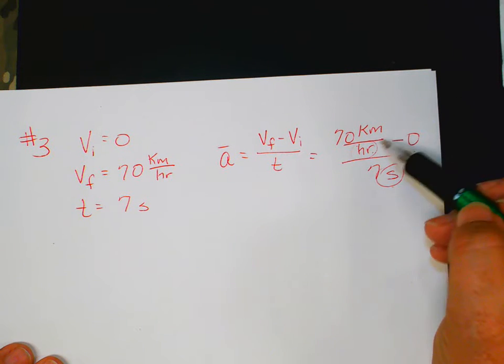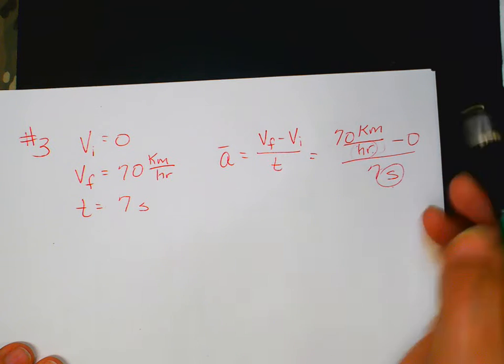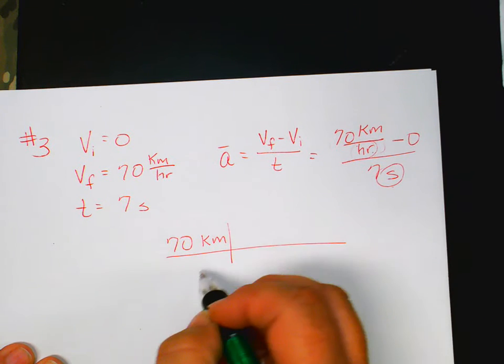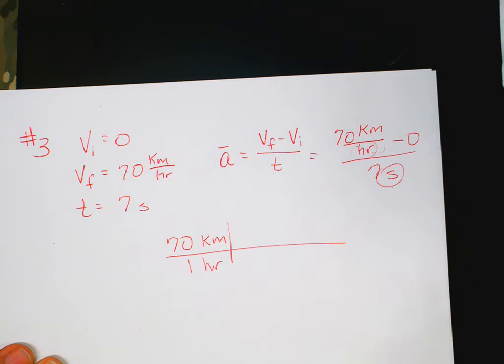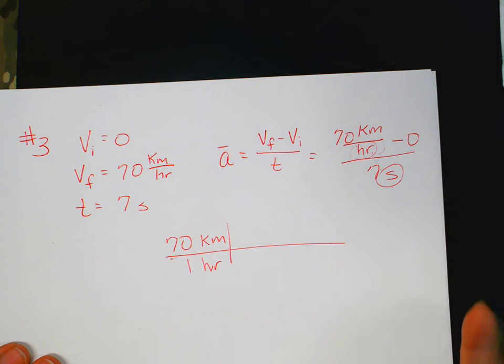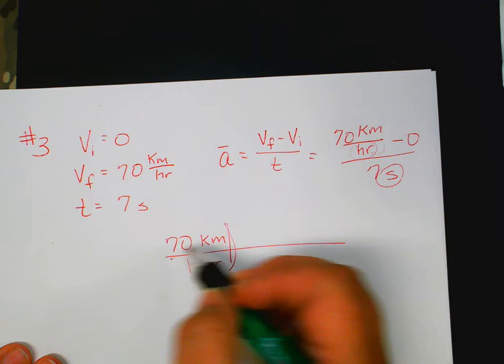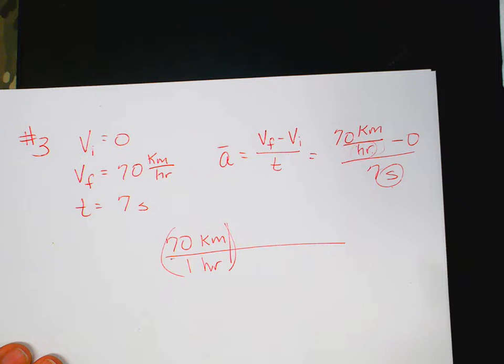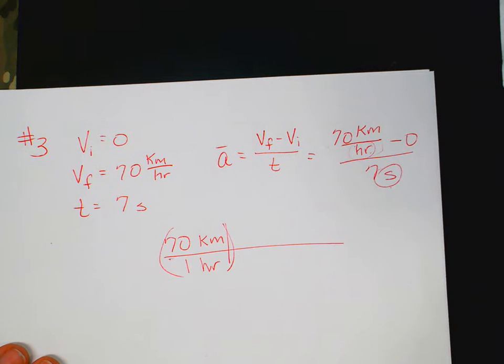So we're going to convert 70 kilometers per hour to kilometers per second. Now, the sticks I draw is the way I learned in high school. It's the same thing as if I had put parentheses around it and did parentheses all the way across for the ratios.